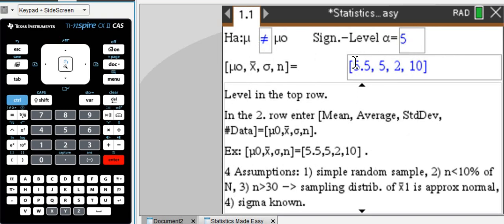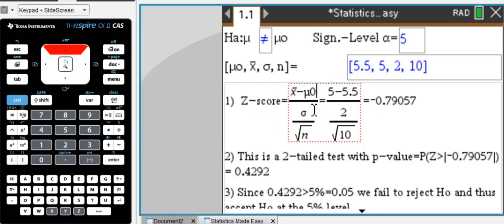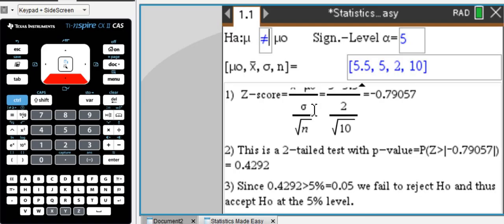You just enter the significance level, what's your alternative hypothesis here, and here your parameters, and as you enter them you immediately get the z-score, and since it's a two-tailed test, the p-value is computed here, and then the p-value is not below 5%, so we will fail to reject H0.